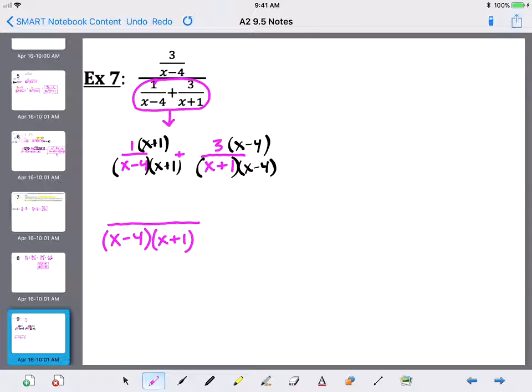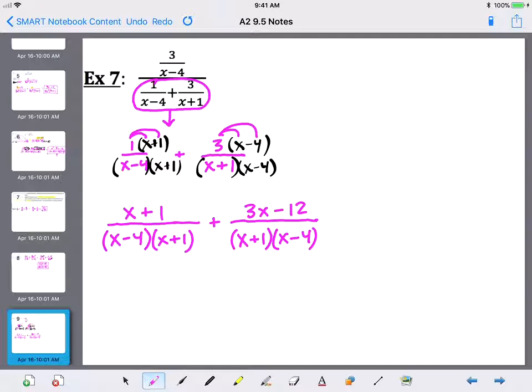Okay, my first numerator, if I distribute 1, it's not going to change anything. I'm just going to have 1x plus 1. And in my second fraction, I've got x plus 1 times x minus 4 in the denominator. If I distribute this 3 in the numerator, I'm going to end up with 3x minus 12.